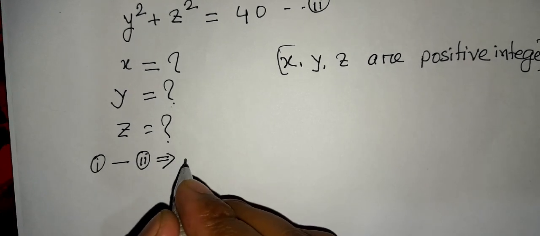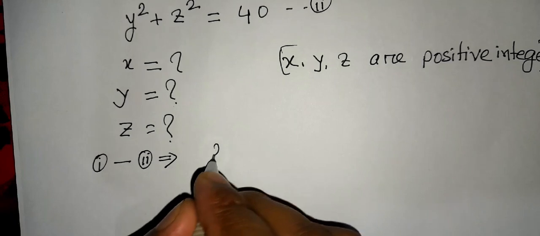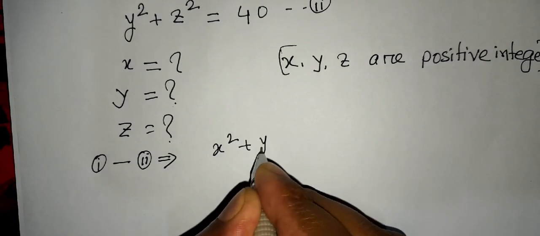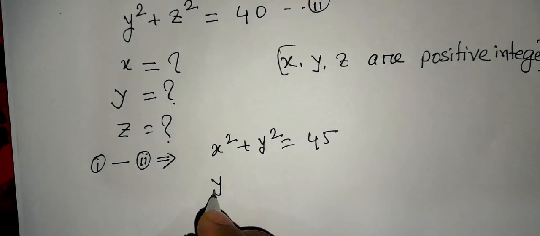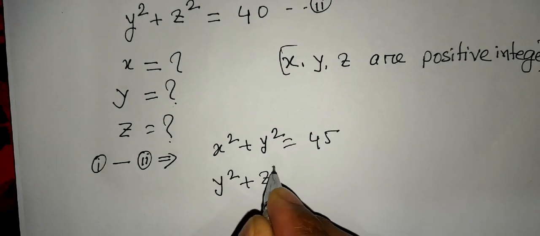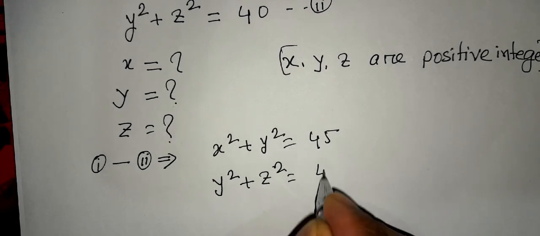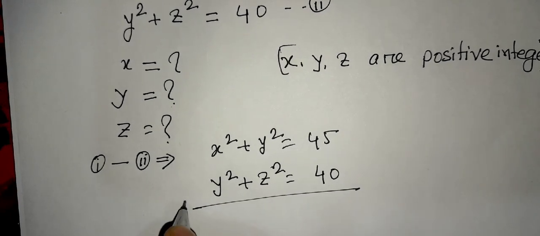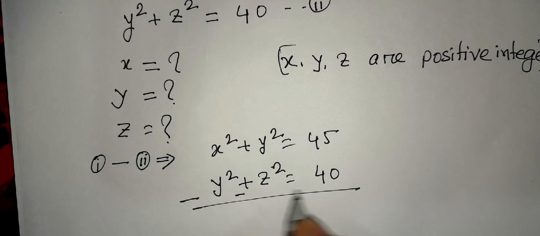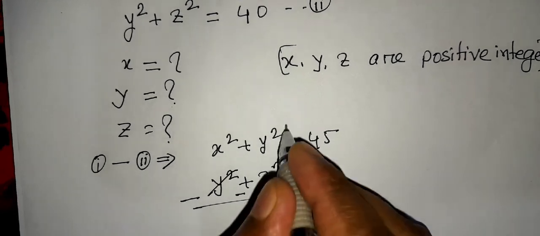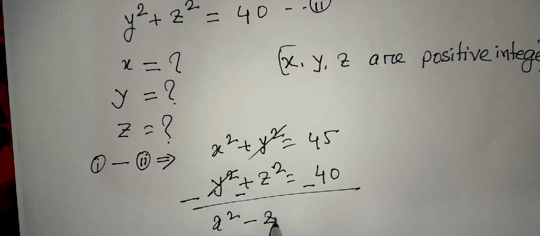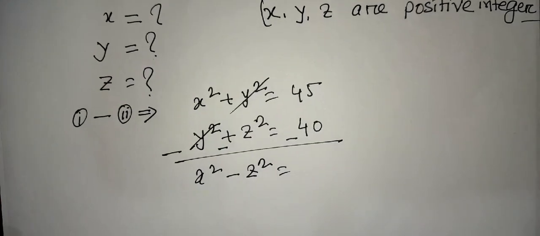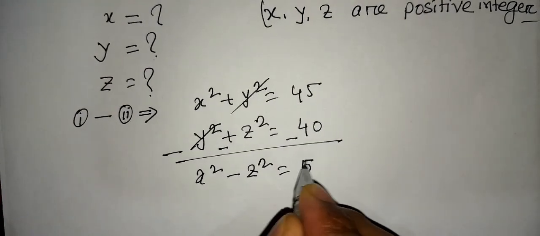We have x square plus y square equal to 45 and y square plus z square equal to 40. Here y square is cancelled, and subtracting we get x square minus z square is equal to 5.